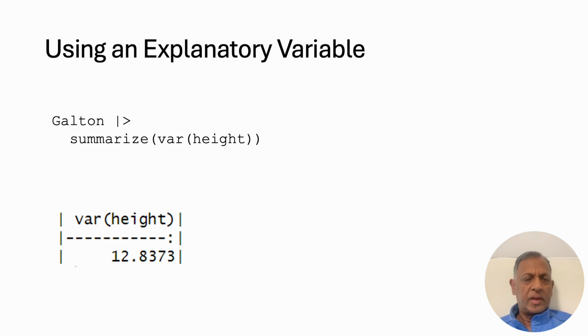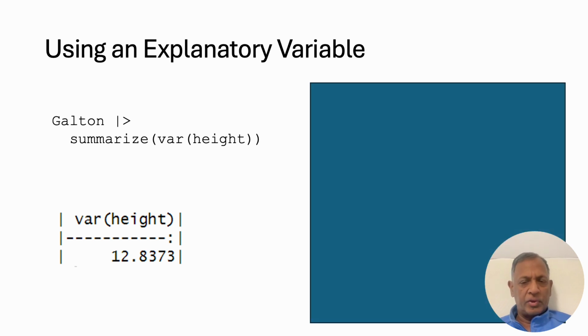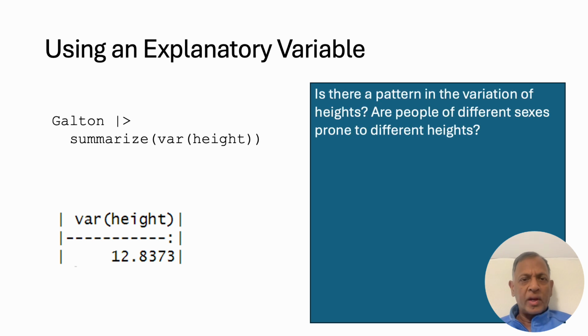This time we're taking the Galton data, calculating the variation, and the variance is of course 12.8373, as we've already seen. So what we're really saying is, is there a pattern in the variation of heights? We could consider some other explanatory variables as explaining this. In other words, we can ask, are people of different sexes prone to different heights?